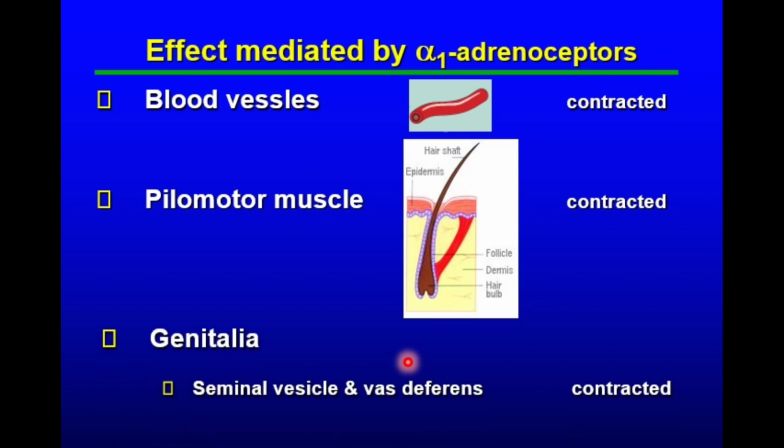The seminal vesicle and vas deferens receive sympathetic innervation and noradrenaline evokes contraction of the smooth muscle. It's mediated via alpha-1 adrenoceptor.